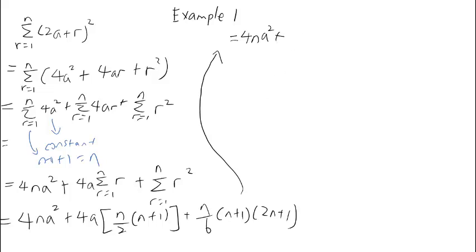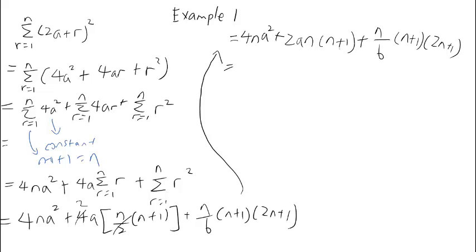This 2 and this 4 can cancel away, so you're left with 2an, followed by n plus 1. Then plus the last term, I just leave it there: n over 6 times n plus 1 times 2n plus 1. From here you can simplify some more.